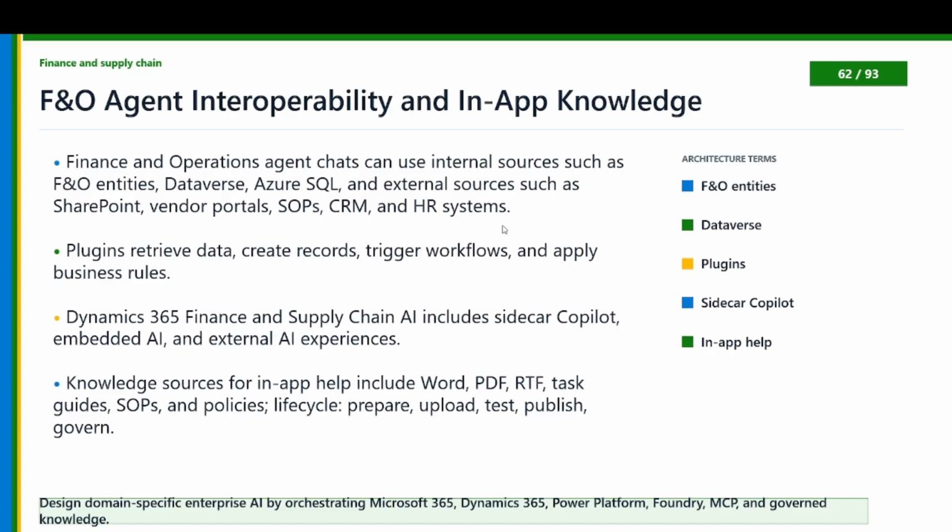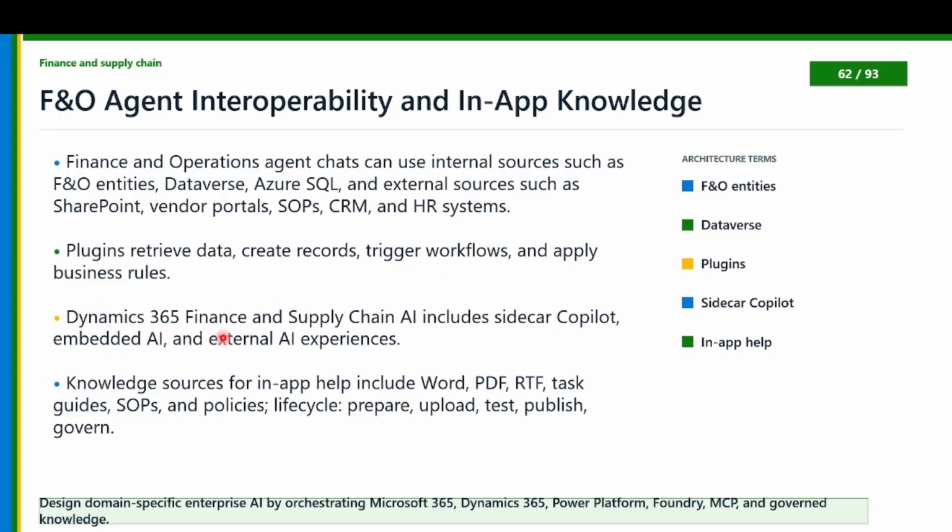So you can connect and use any information from all these platforms that we have listed. Plugins retrieve data, create records, trigger workflows, and apply business rules. So those are what you can use plugins for inside finance and supply chain in Dynamics 365.